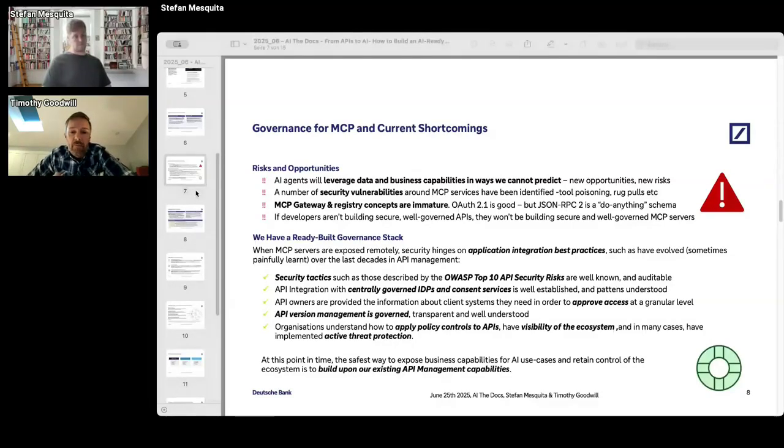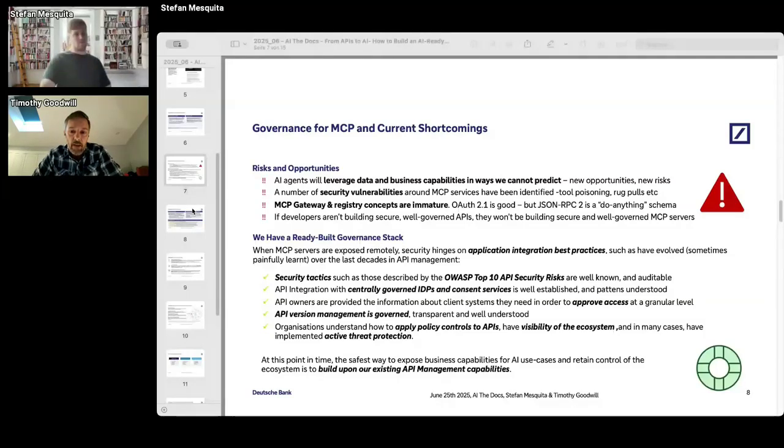We can provide API owners the information they need in order to approve access at a granular level. API version management is governed. Everybody understands it. And importantly, we understand how to apply policy to controls and how to enforce them. We have visibility of the ecosystem, and in many cases, hopefully, we have active threat protection, that's SIEM and SOAR, so we can actively and dynamically respond to threats in the environment.